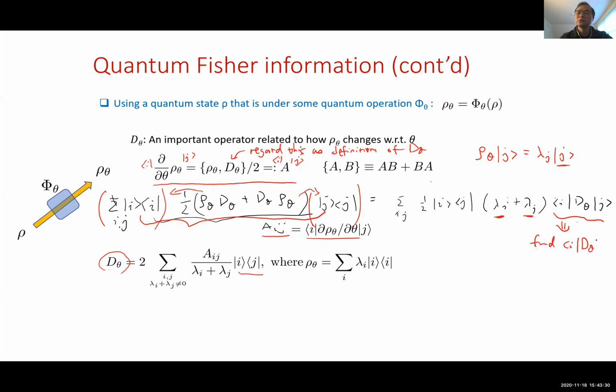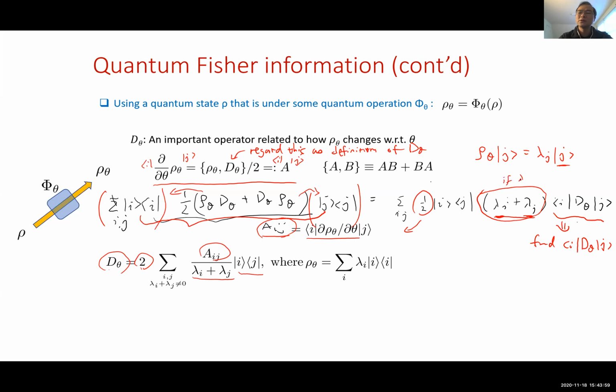By comparing the left and right hand side, I should identify this part times 1/2 as being the same as Aij. Therefore, D theta is twice, moving this 1/2 to the other side, Aij over lambda I plus lambda J. But here I should make a constraint.